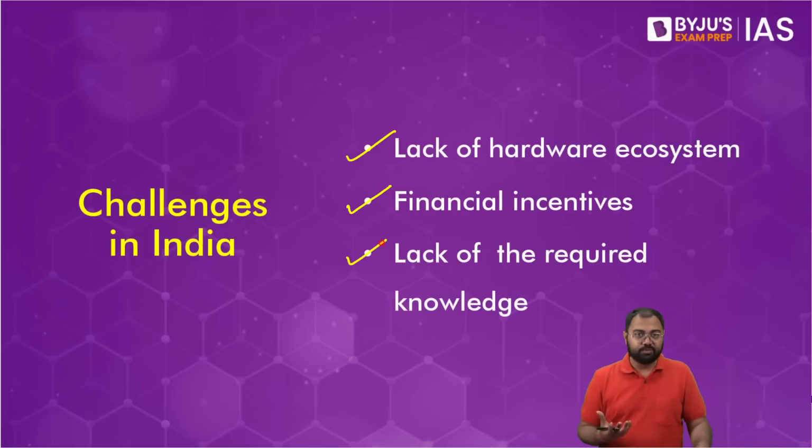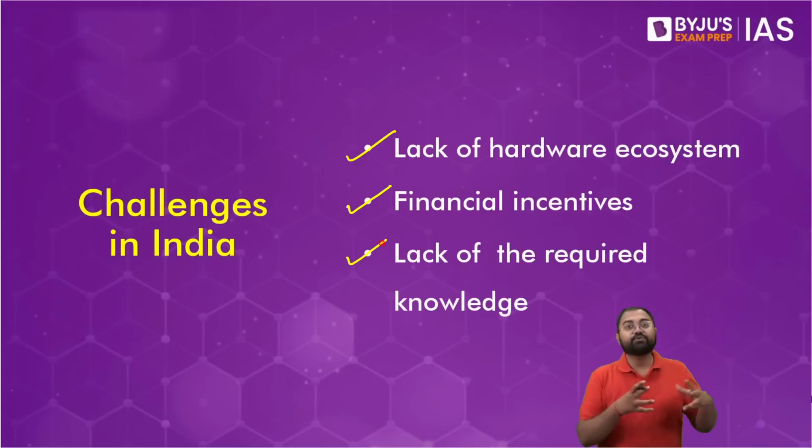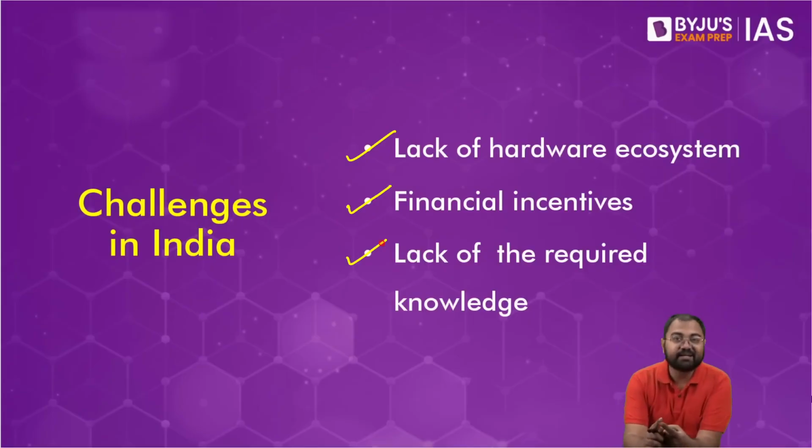And then the lack of required knowledge, that we also have been pretty limited in the knowledge that we have with robotics. It's not been traditionally a part of the education system. Now just look at where you read about robotics. Until class 10th, there is no mention of robotics anywhere in any syllabus. Even in class 11th and 12th, even if you have taken science, even then you don't read about robotics. After class 12th, a lot of people will go into pure sciences.